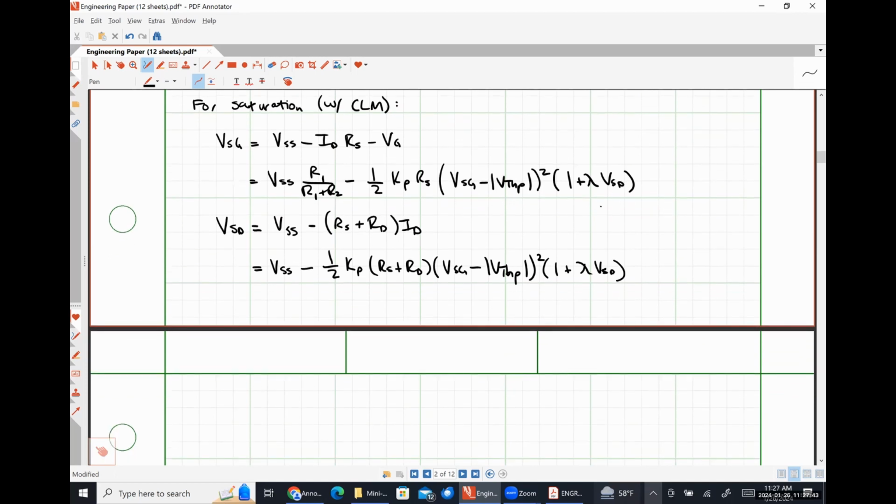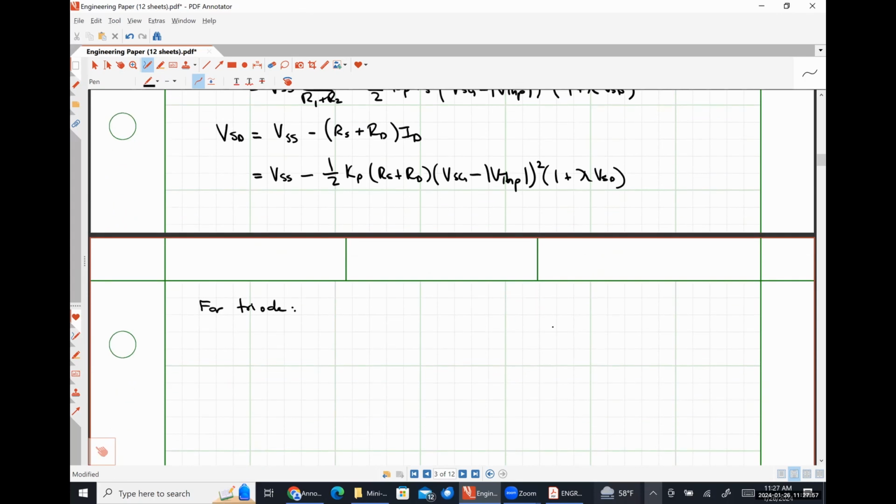Now let's talk about triode. So for triode mode operation, once again, VSG is equal to VSS minus IDRS minus VG.